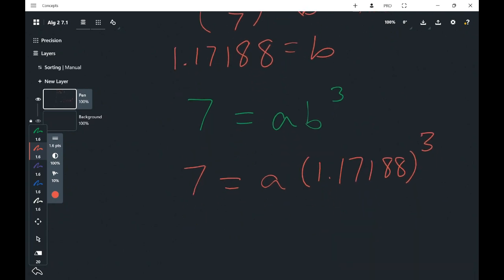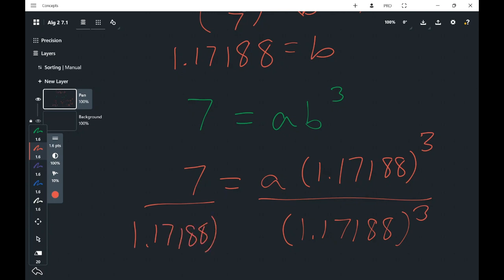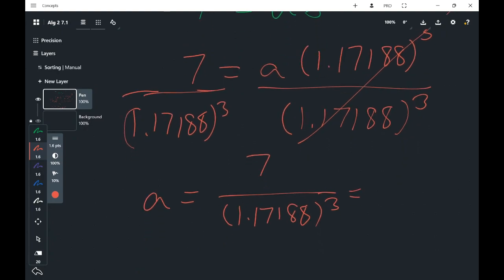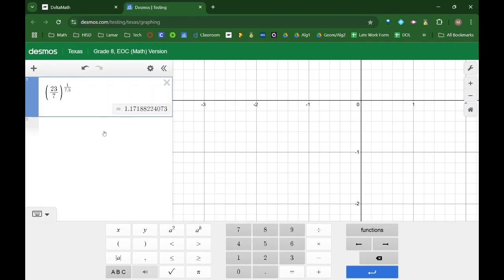So to get a, we're going to divide by this big mess here on both sides. I am now regretting choosing to write so many decimal places. These cancel. So our a is 7 over 1.17188 to the power of 3, which of course we're going to plug into a calculator to get.